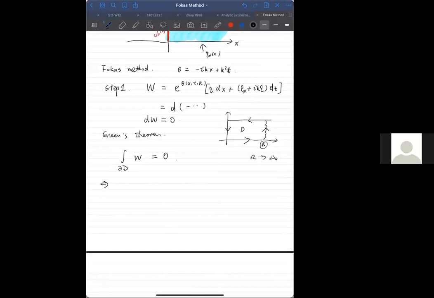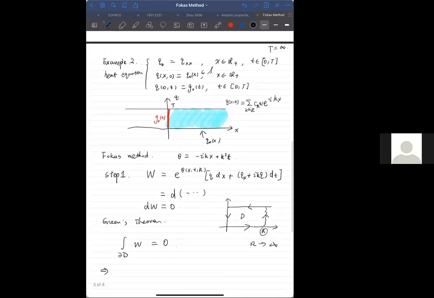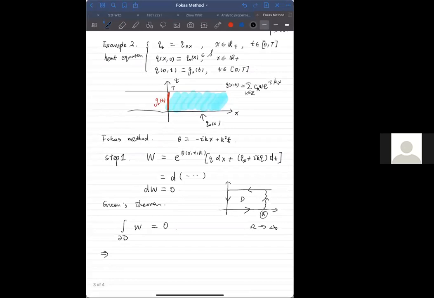Could you show your original problem? Is it bounded? You have a half line, right? Yes, you just take a finite D and then let R go to infinity. T is fixed, finite time. Is capital T finite or can it be infinity? It's anything, but you have to fix it.